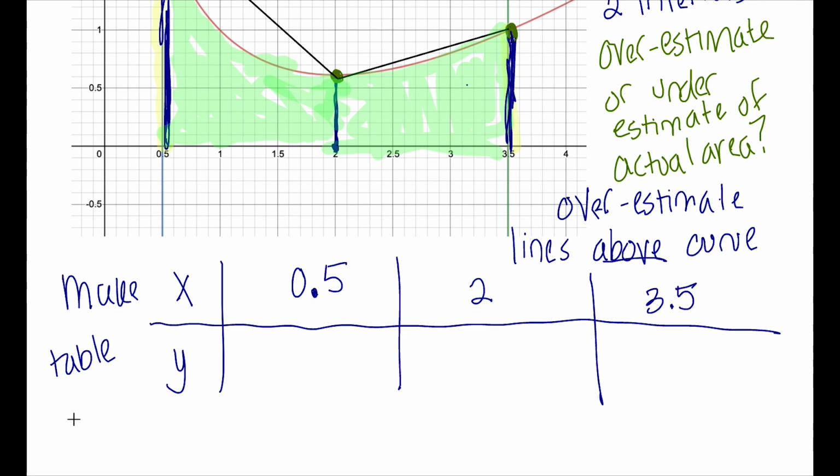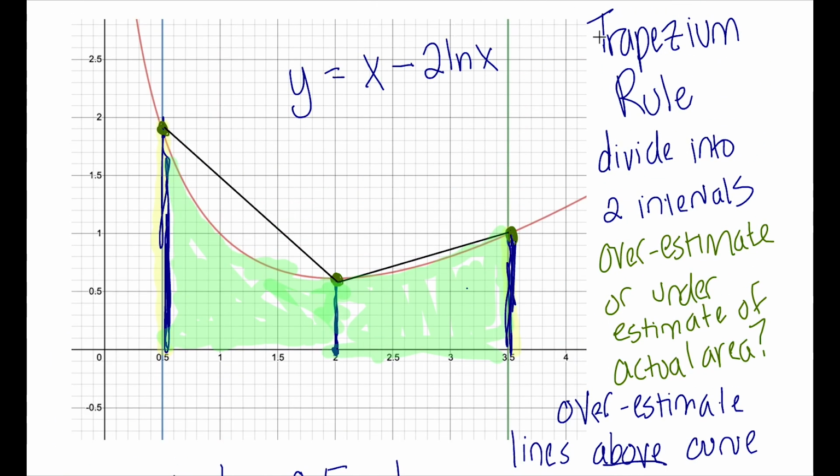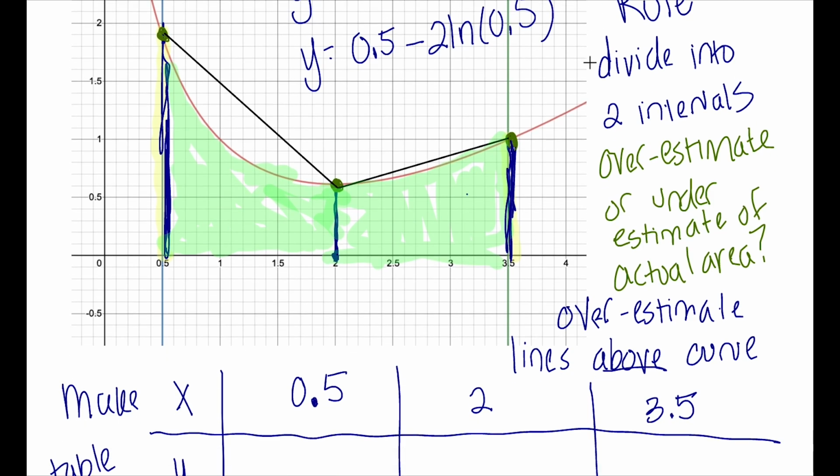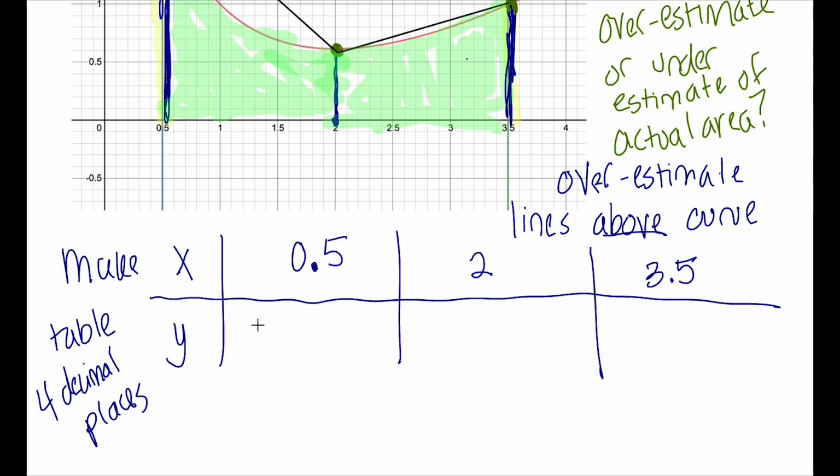Okay, and you go to 4 decimal places for y. And all you do now is take these x values and plug them into your original equation. So here I would do y equals 0.5 minus 2 ln 0.5. When I plug that into my calculator, I get 1.8863. So you'll just do the same thing for all of your x values.